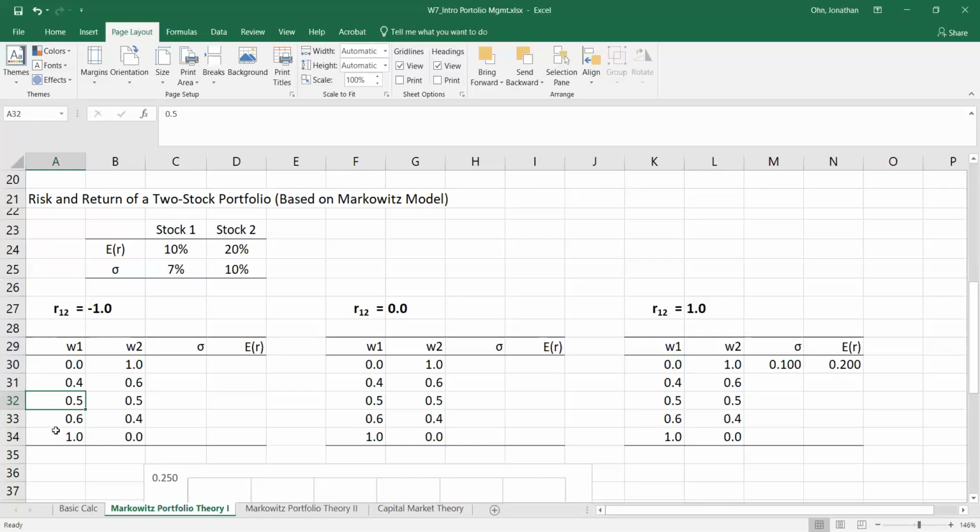And then the fourth case is 60% in stock 1 and 40% in stock 2. And then the last case, 100% of your investment capital in stock 1. All right, let's analyze this one. Since we have Excel, we can do the whole thing very quickly and easily.